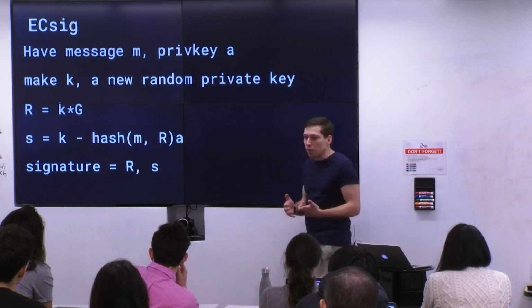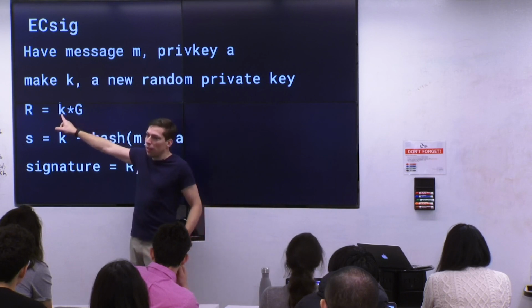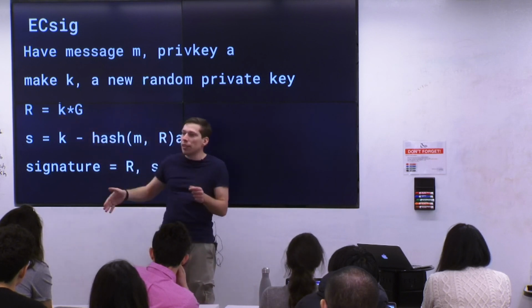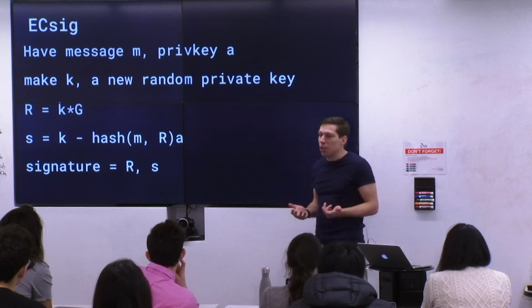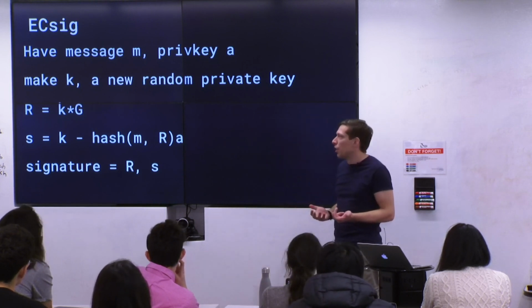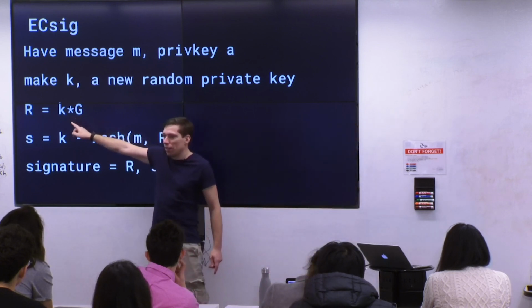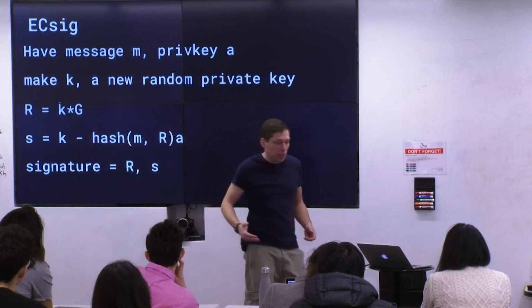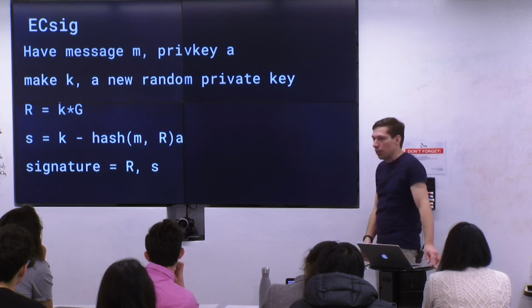In terms of practical computer stuff, doing these operations is a little on the slow side because you're doing those point additions quite a number of times. A decent CPU can do on the order of thousands of these operations per second, which is decent, but it's considerably slower than hash functions.